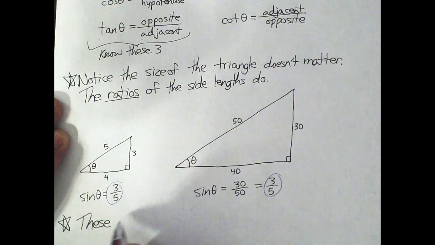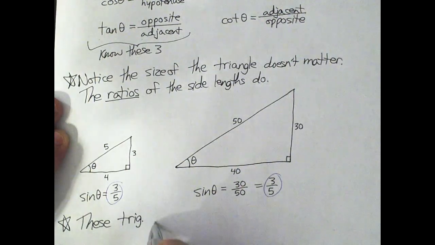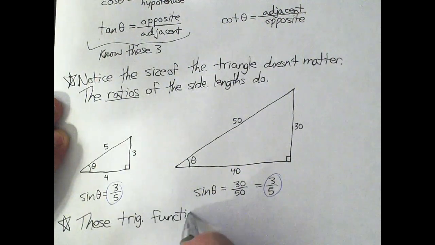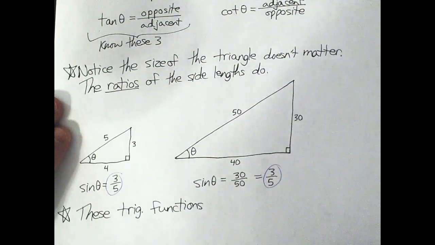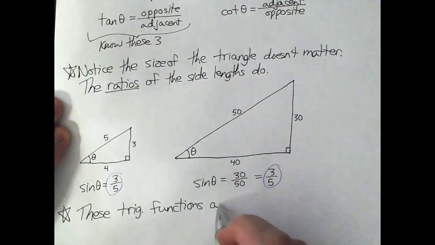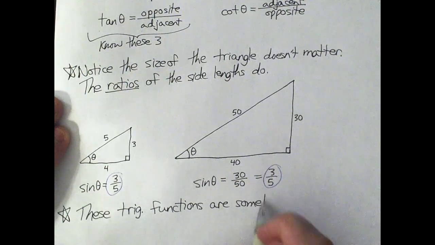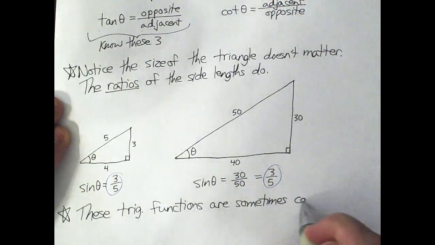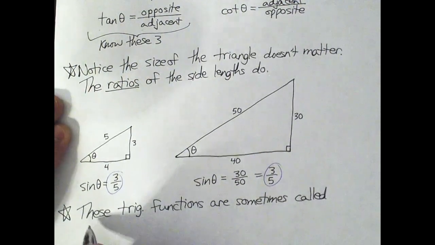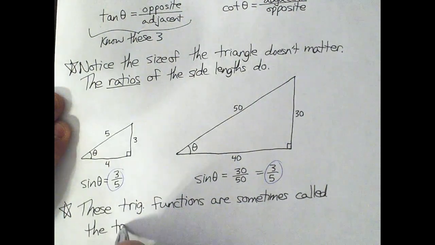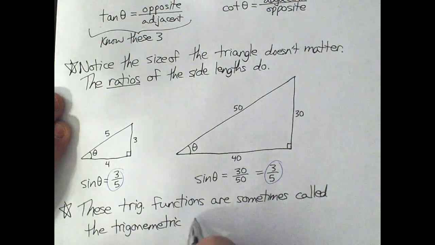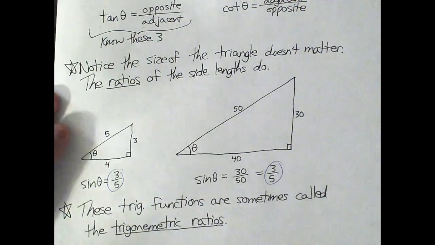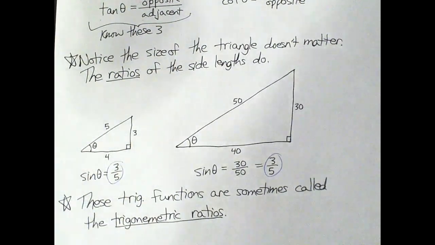We've talked about these trig functions before, right? Just in terms of the unit circle. But these trig functions are sometimes called the trigonometric ratios, because we can think of them as a function or we can think of them as a ratio of side lengths.